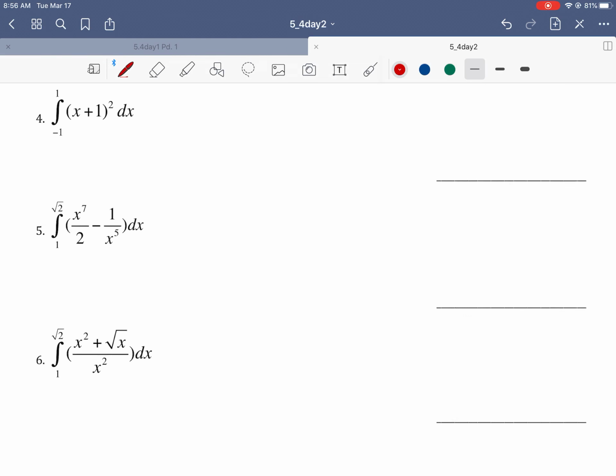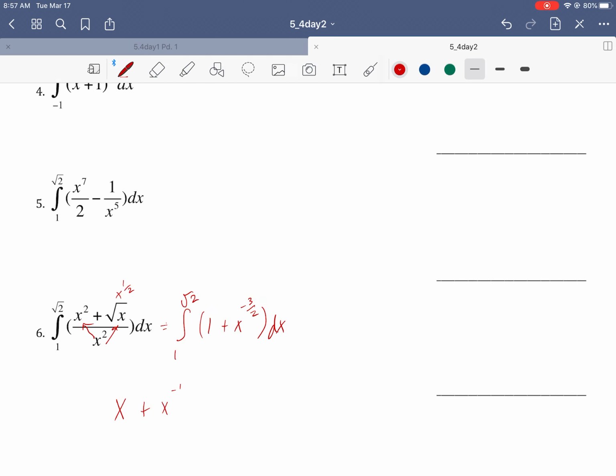So that's x to the negative 3 over 2. Okay, so now I have two terms that I can antiderive. One returns back to an x, and x to the negative 3/2. If I add 1 to it, I have x to the negative 1/2 divided by negative 1/2 from 1 to root 2.